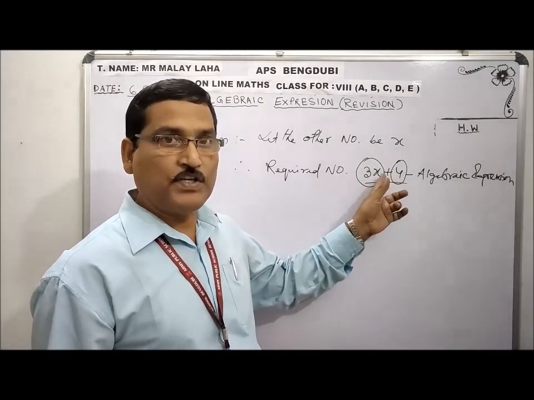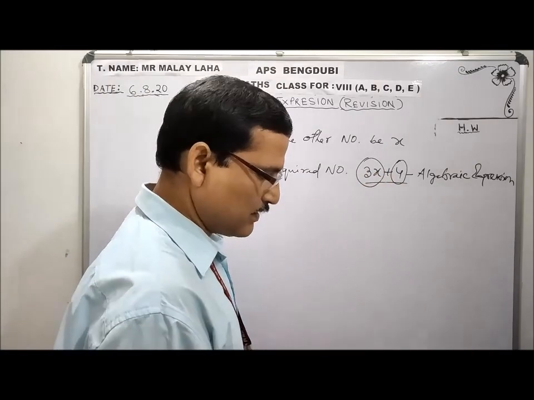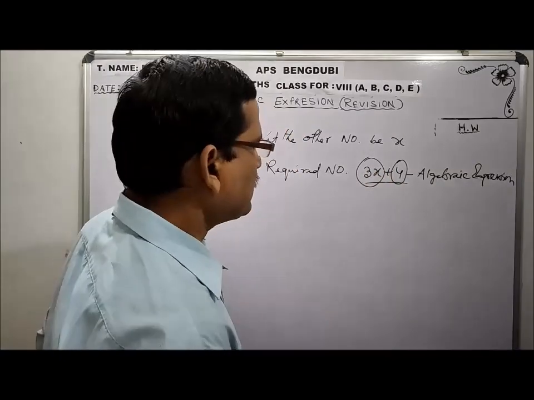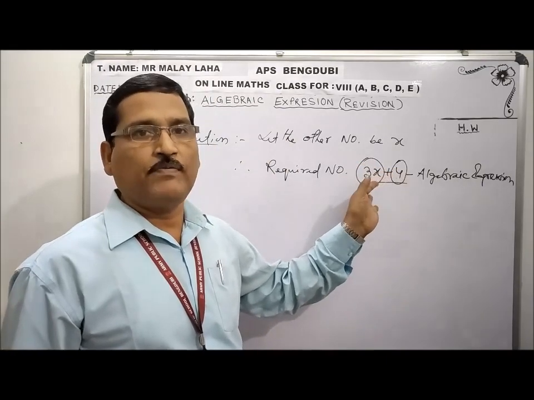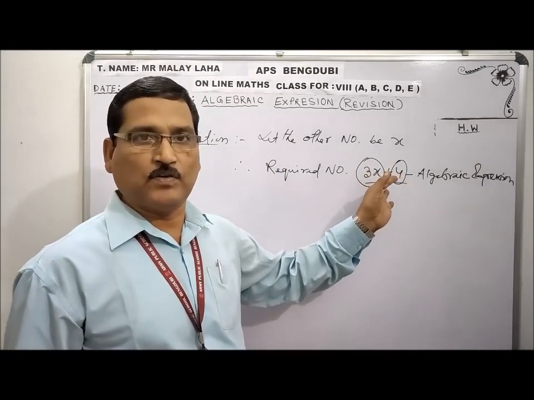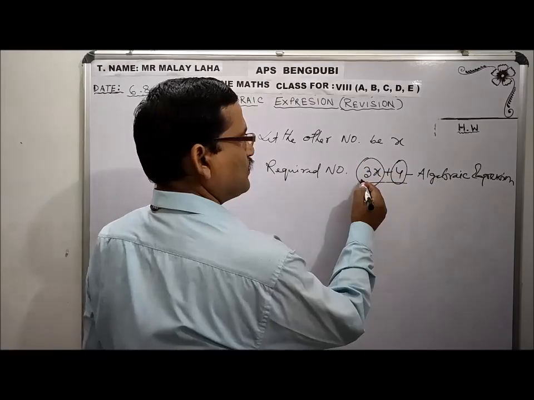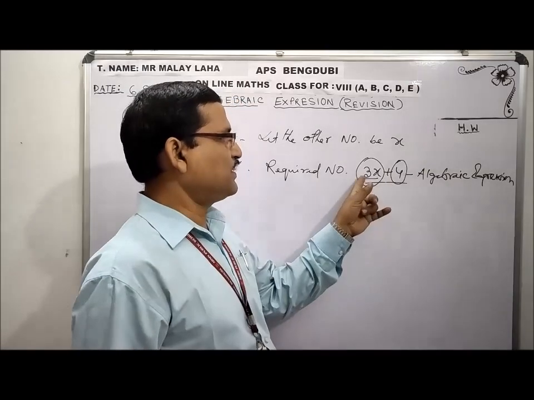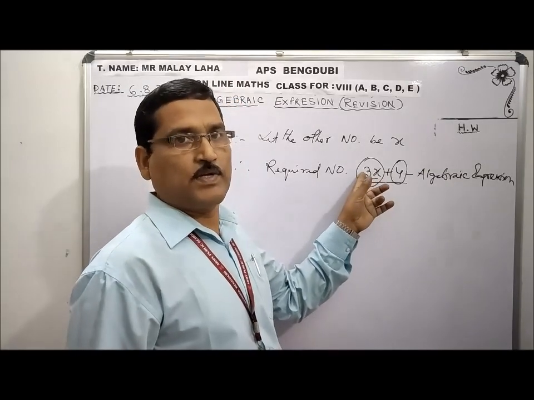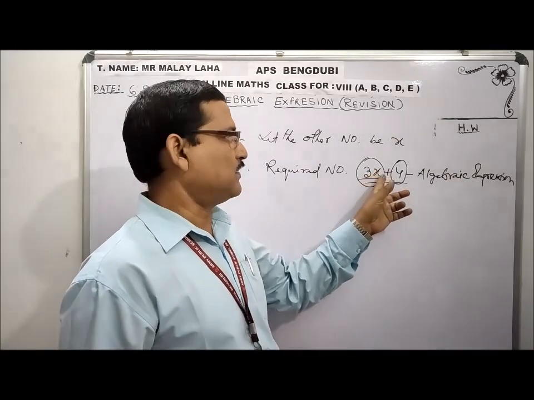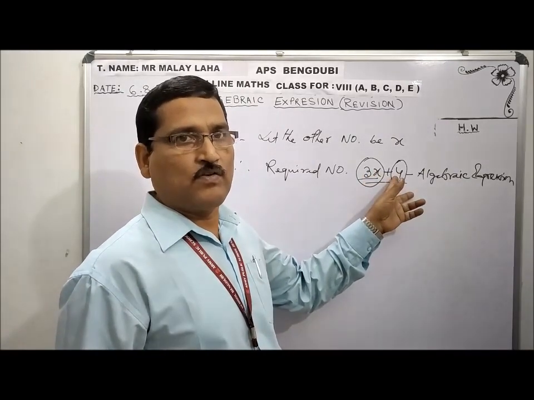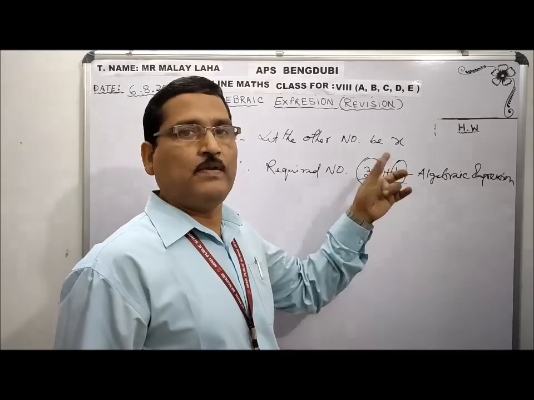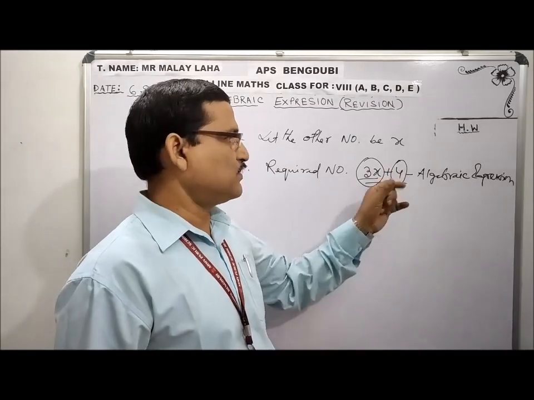You have to count each part as a term. Terms may consist of a numerical factor, or a numerical factor and a literal factor both. Here 3 is the numerical factor, x is the literal factor, and 4 is the constant value of that expression, and it is itself a term. Okay, it is also a term.